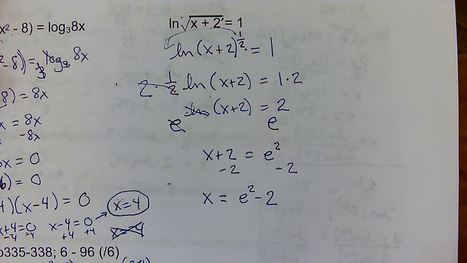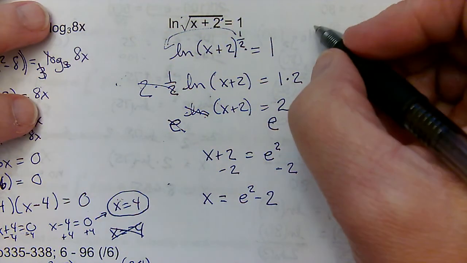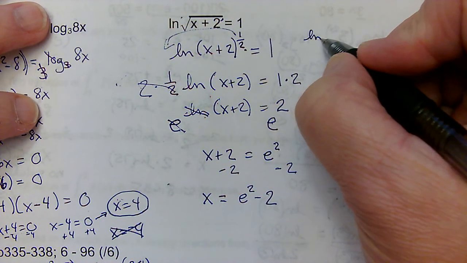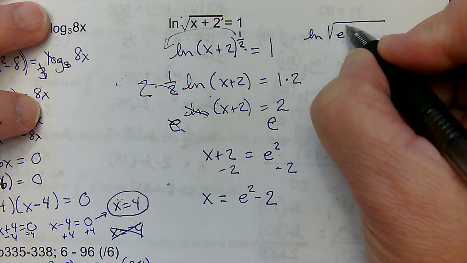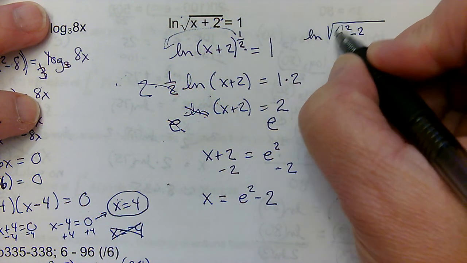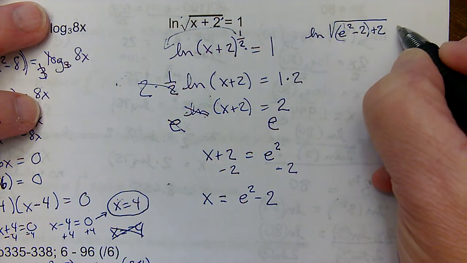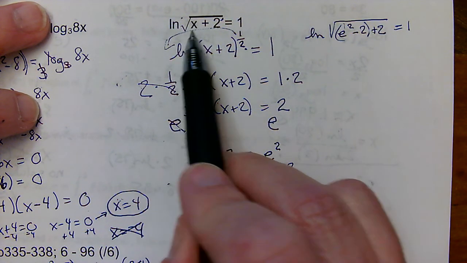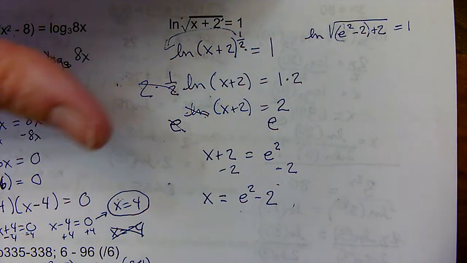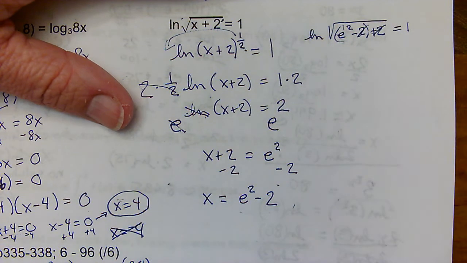To check this one, again, we go back to the original equation. So we have the natural log of the square root of e squared minus 2 plus 2 equals 1, because e squared minus 2 replaces the x, but that plus 2 is still there. Well, the minus 2 and the plus 2 cancel.